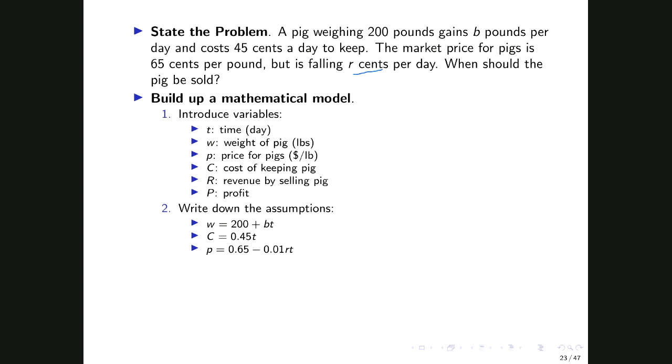So we have the coefficient 0.01 r per day, times the time t. Those are the three assumptions in the problem. Then we have three equations, one for each assumption, and we write down the equations.